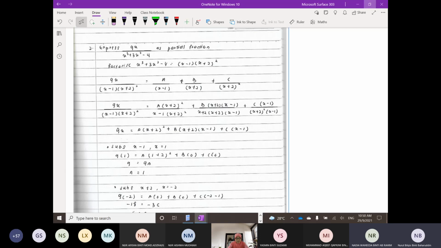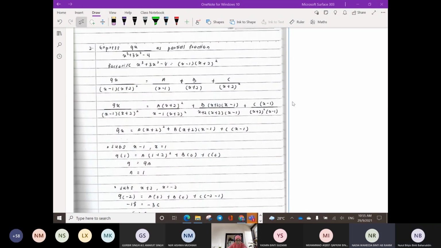Factorize and we will get (x minus 1)(x plus 2) squared.